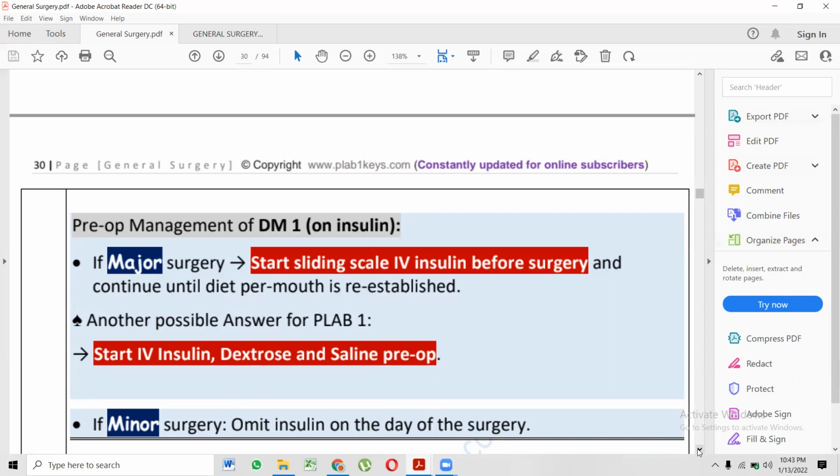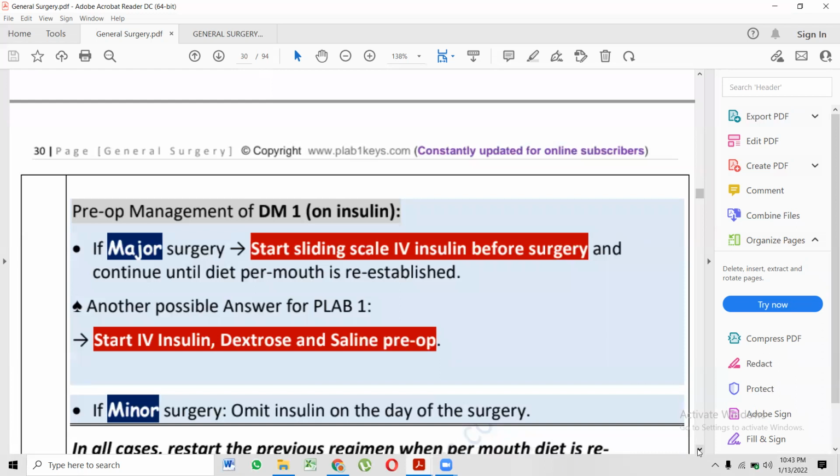Another possibility is that we can start insulin infusion along with dextrose and saline, because if we start IV infusion of insulin, then there is a chance of hypoglycemia. So along with insulin infusion, we will start dextrose.